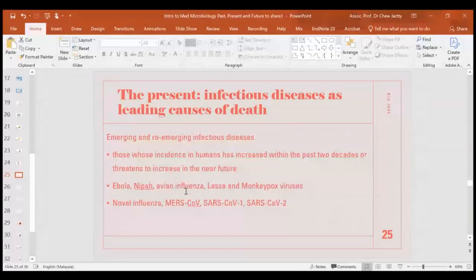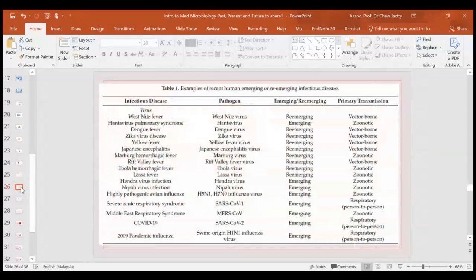And also we have different types: Ebola, Nipah, avian influenza, Lassa, monkeypox. All these are new. Okay, and I also put in some tables of examples of recent human emerging and re-emerging infectious diseases that you can use as a reference. If you don't read the full articles or you don't download the articles at all, you can have a check here.